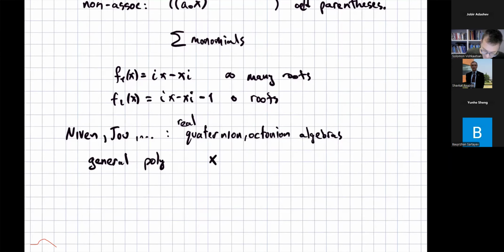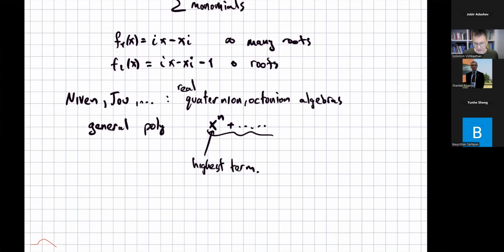So if we have x^n plus something, so we have a general polynomial, and this is the highest term. If this is monic, and it's the only term that we have of degree n, then this polynomial will have a root.